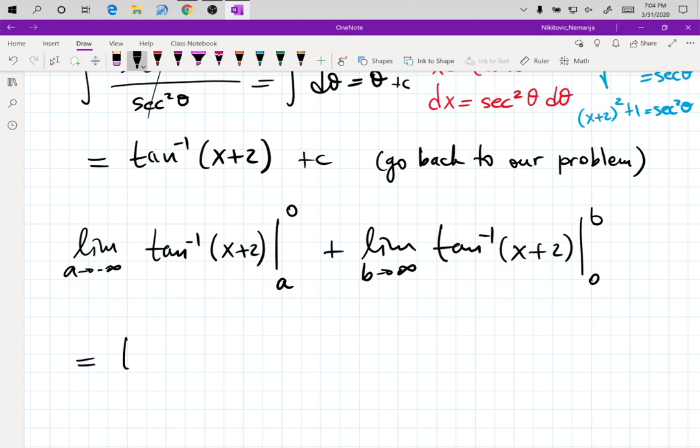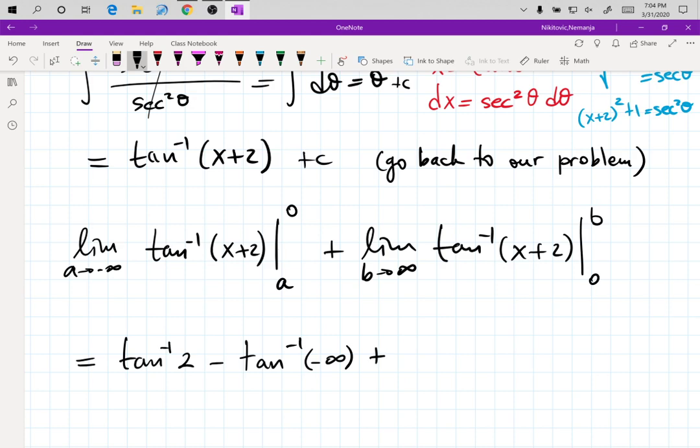We have tangent inverse of 2 minus tangent inverse of negative infinity. This is a terrible thing to write, it's mathematical sacrilege, but yeah, it's shorter.